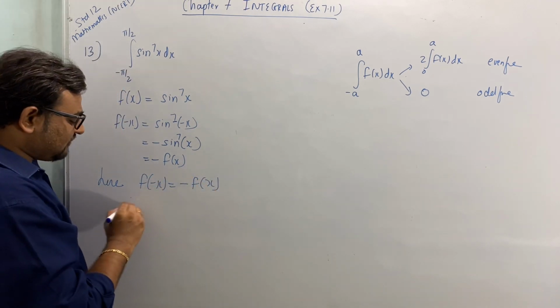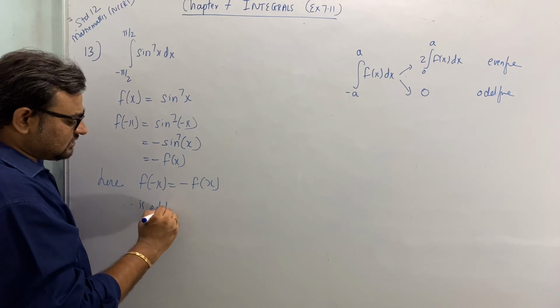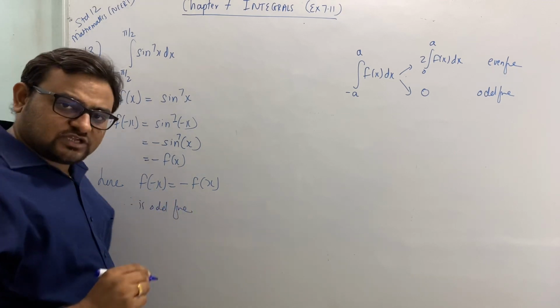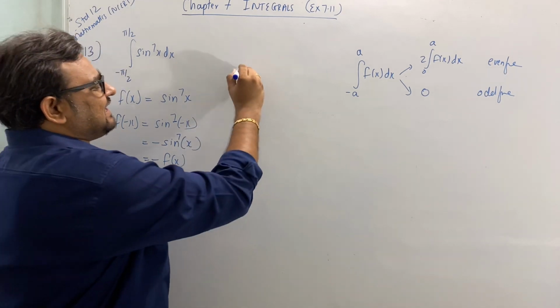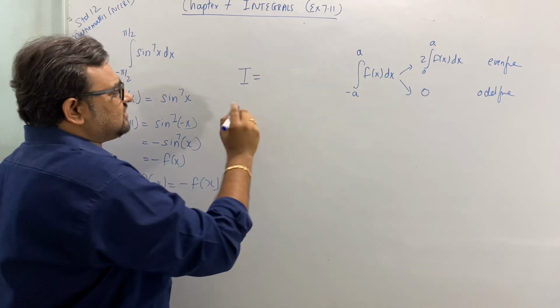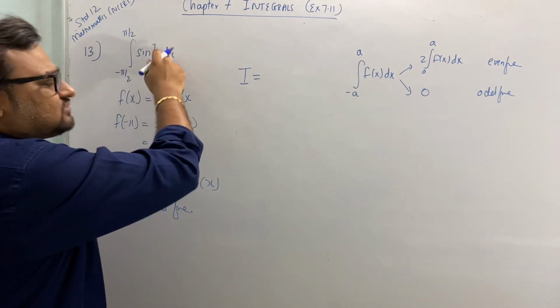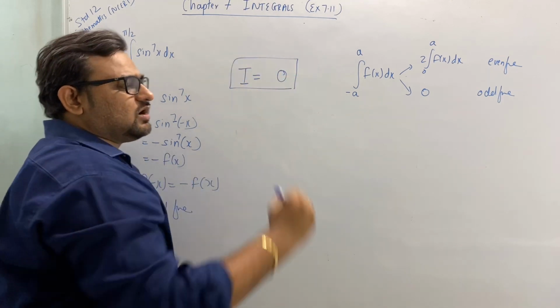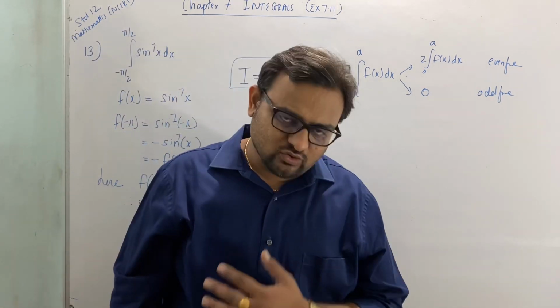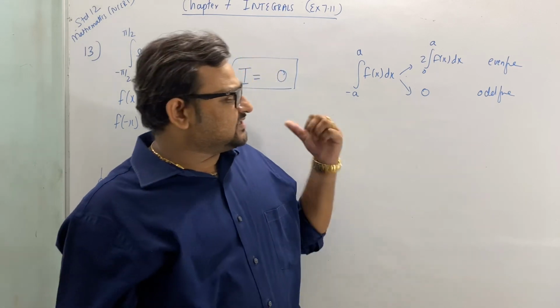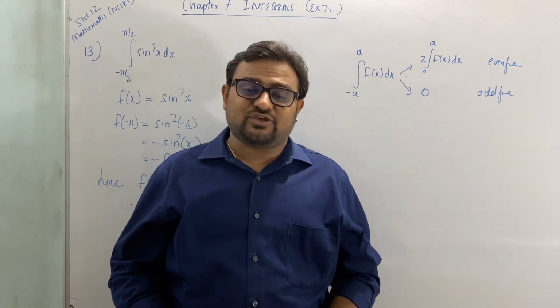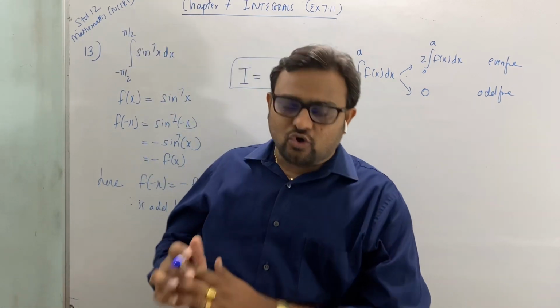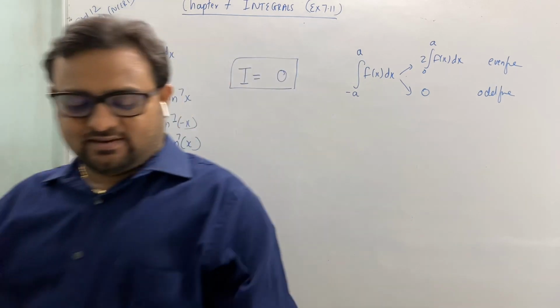So this type of function is an odd function. So we can directly write down that as it is an odd function, the integral from minus pi by 2 to pi by 2 of sine raised to 7 x dx is equal to 0. Clear? This was a very easy sum. This can be asked in MCQ. So just go through question number 13.